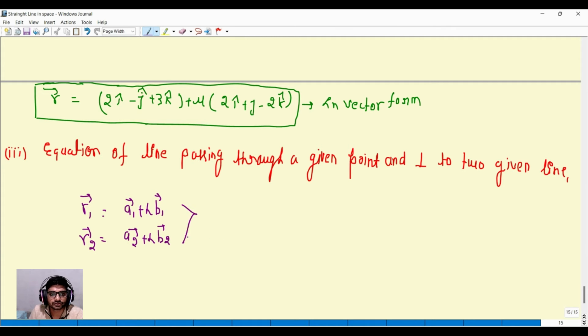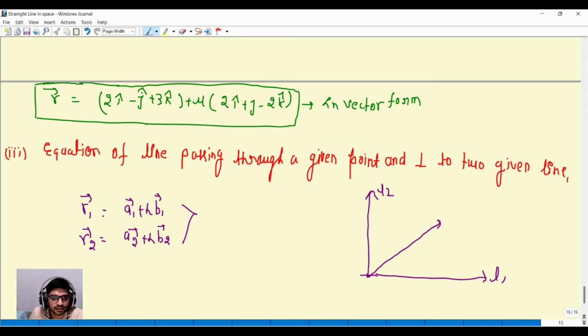For the line perpendicular to these lines, what are the direction ratios of the required line? Suppose the lines are given like this. Then we are going to find the cross product of L1 and L2.